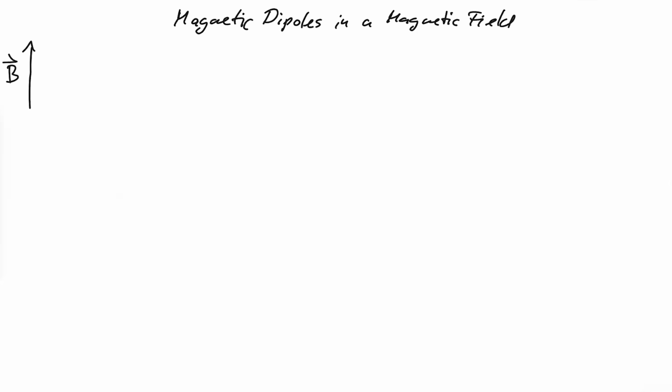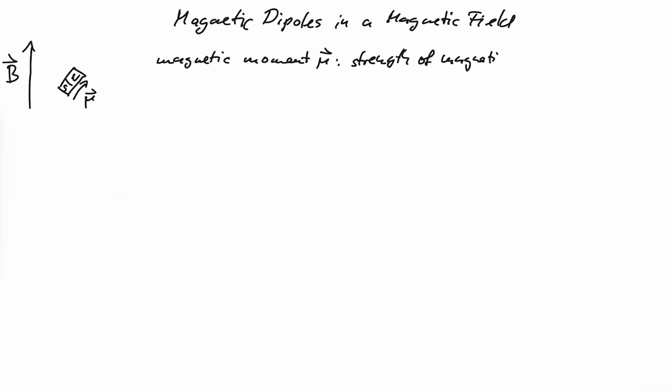I will here simply draw north and south part of a typical static magnet. And this magnet here has a magnetic moment, and that is called mu. With an arrow. So this magnetic moment is directly related to the strength of a magnetic dipole.